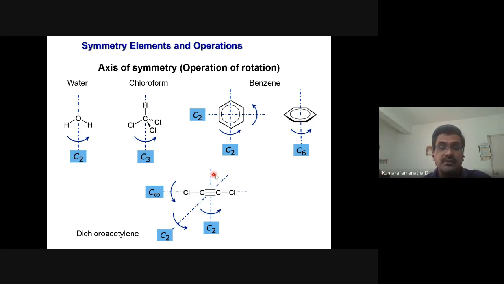But if you make the line which is passing through the triple bond, you do a C2. C2 means 180-degree rotation. And even if you pass it through the center, it is a C2 kind of rotation. Okay, so these are different examples of why we want to introduce symmetry into organic molecules.